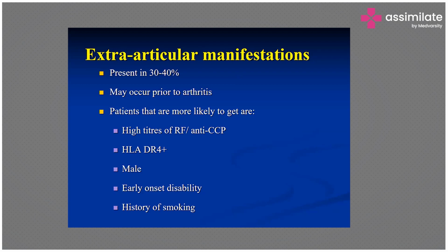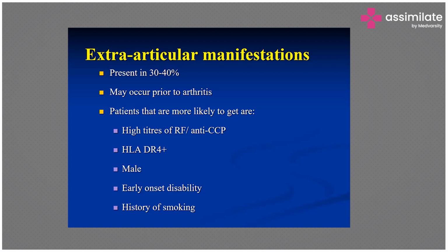So what you see in the patient is high titers of RF and anti-CCP, HLA-DR4. Males are also affected, early onset disability and history of smoking. So history of smoking, do you agree it can happen?